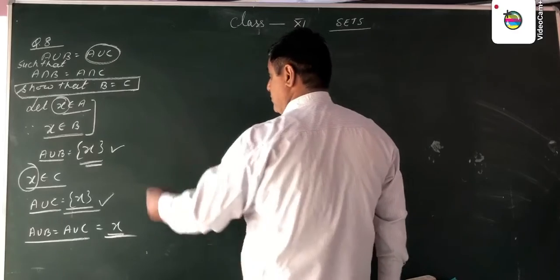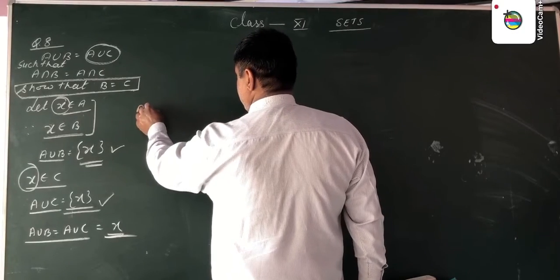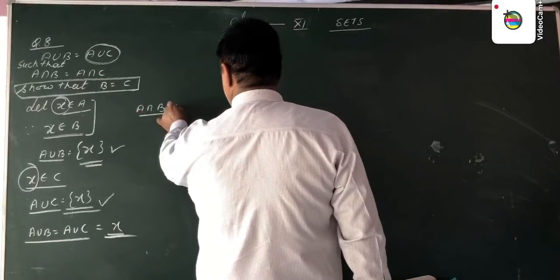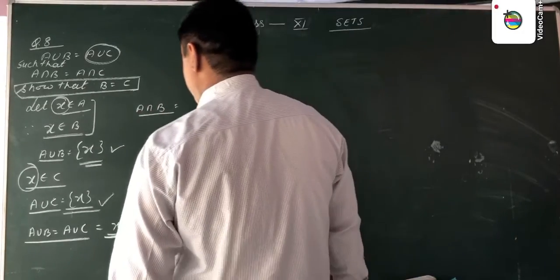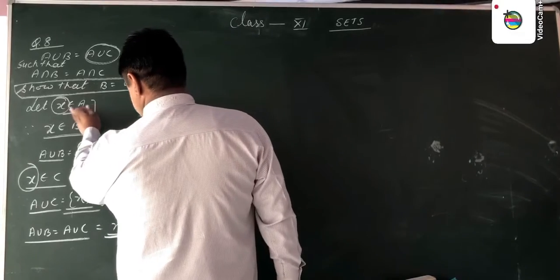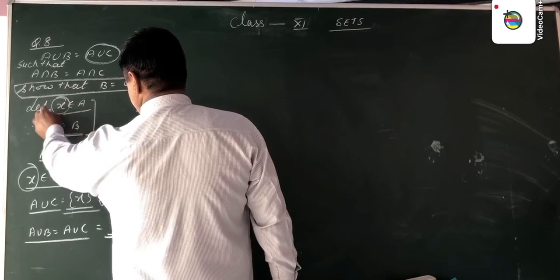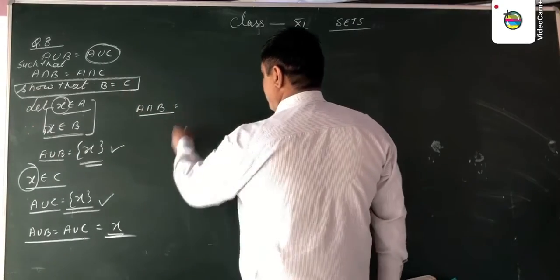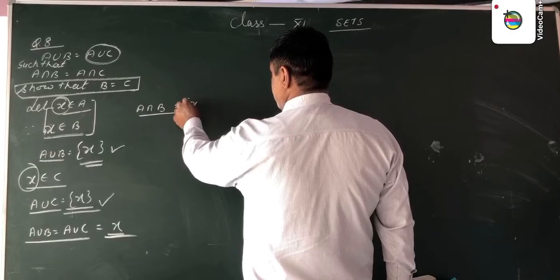Now it is also said that A intersection B means the common elements of A and B. Here x belongs to A, x belongs to B. It means x is the common element in A and B. So the intersection of these sets is x.